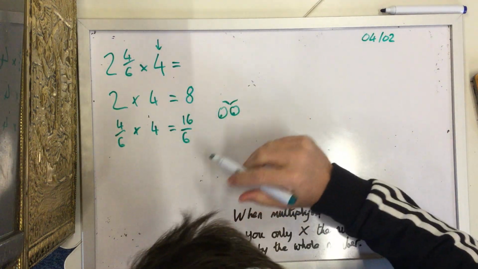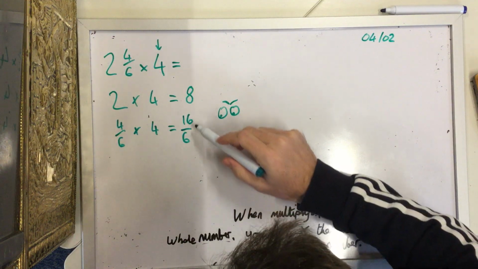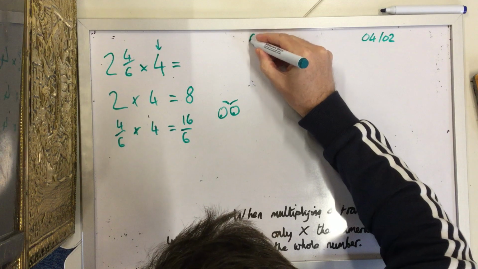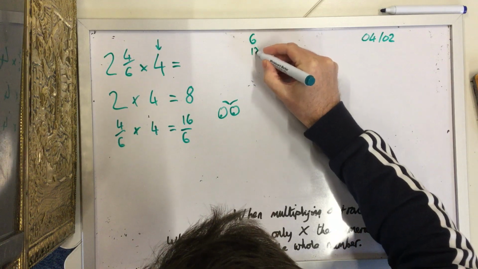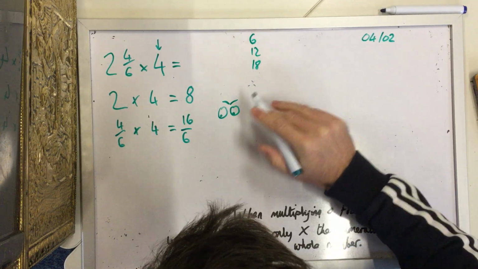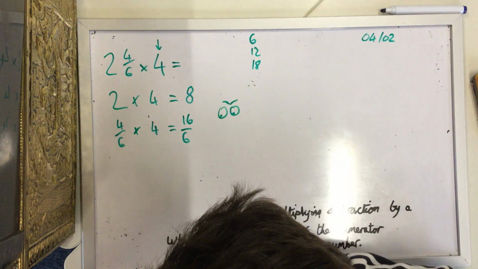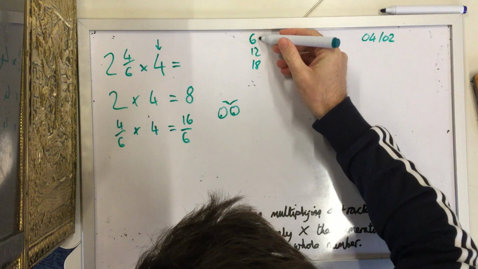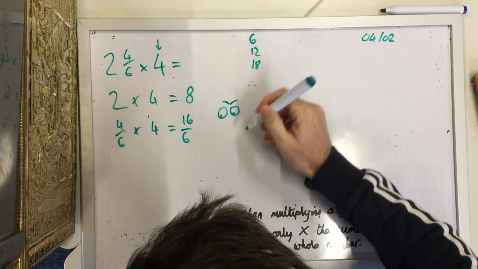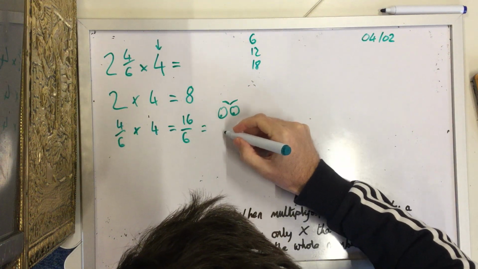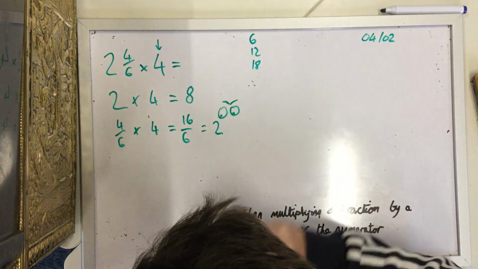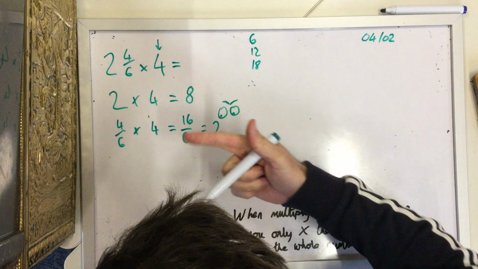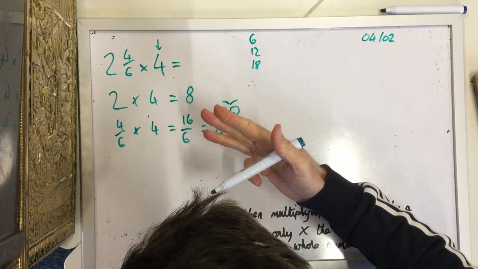We'll simplify it. So we've got 16 over 6. So if we do a 6 times table quickly, 6, 12, 18. I've got 16, so I don't need to go any further, do I? So 6 goes into 16 once, twice, and so 2 6s are 12, and then we've got 13, 14, 15, 16.